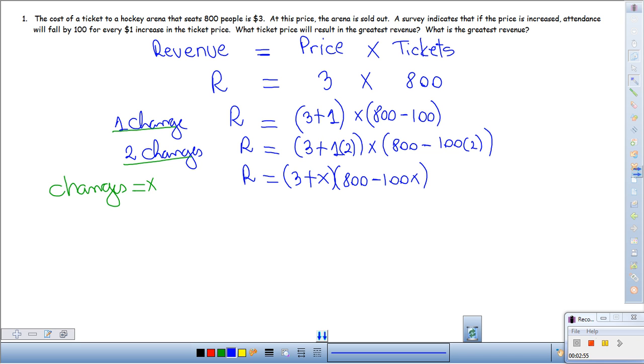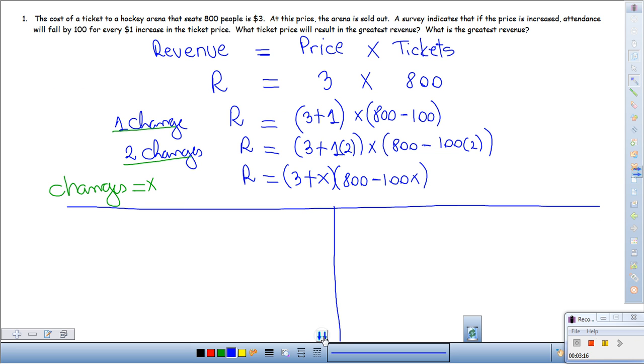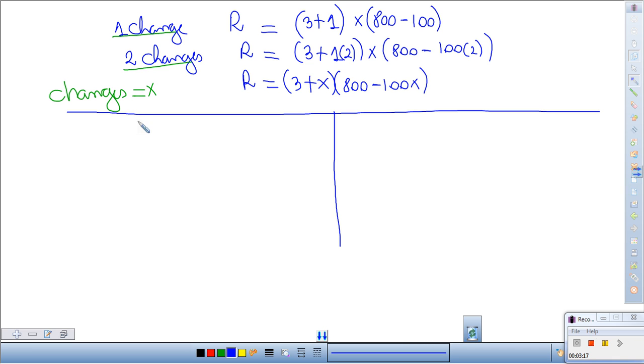When we are faced with an equation like this, we have a couple of options to solve this kind of problem. My revenue equation already looks almost in factored form. So I'm going to show you the two options: one, we're going to do it from factored form, and the other one from vertex form.